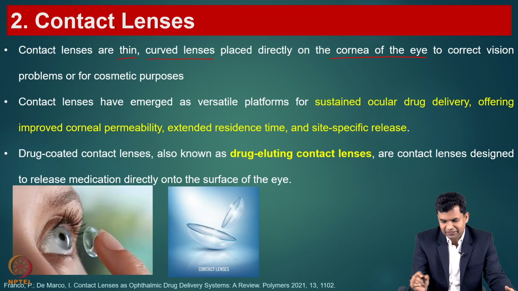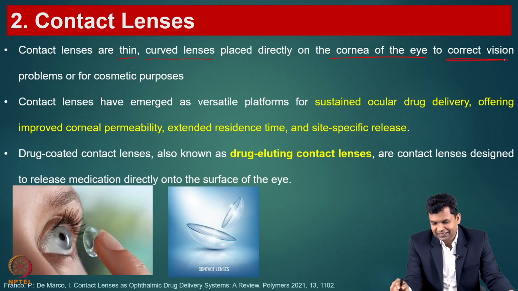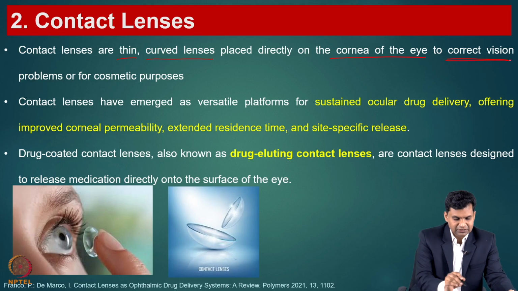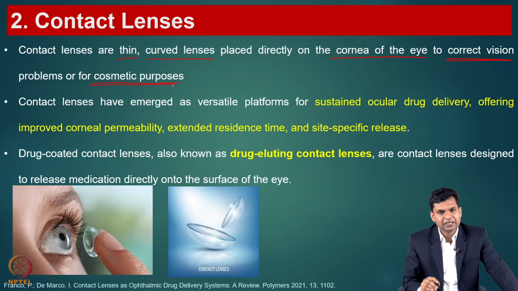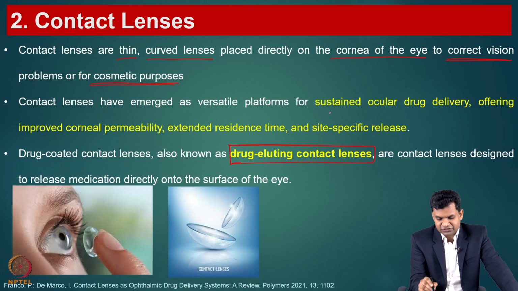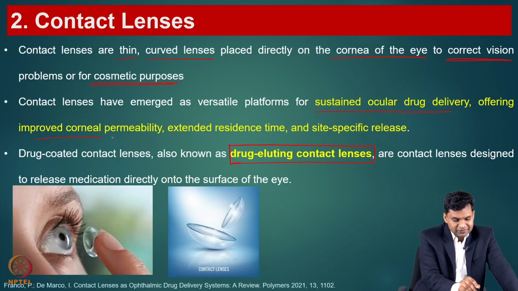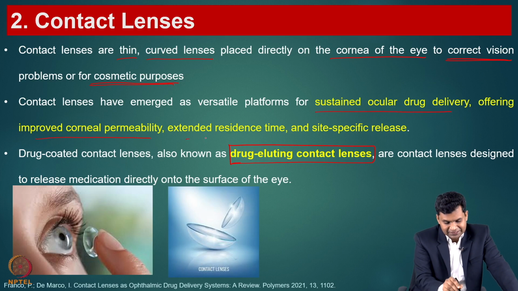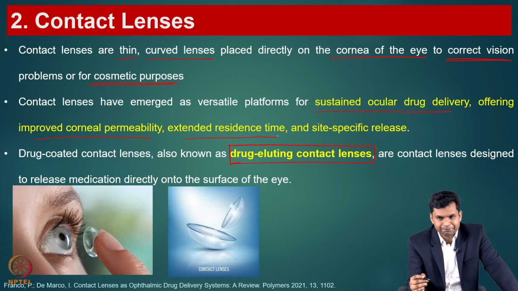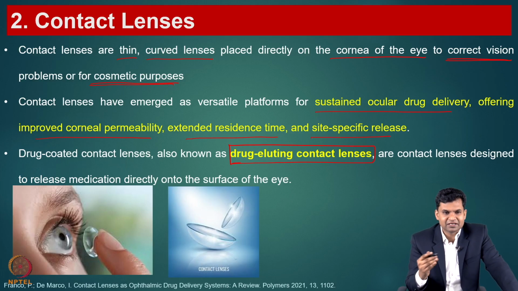Preferably we use it to correct eye vision, and people also use it for cosmetic purposes. In our pharmaceutical industry, we make drug eluting contact lenses which will maintain sustained release. Also, that will help with corneal permeability, and not only that, it will enhance the residence time and it also allows site specific release in the eye.